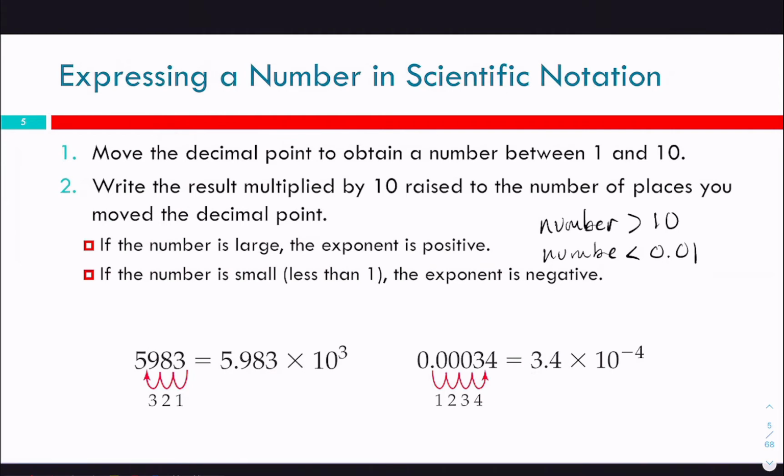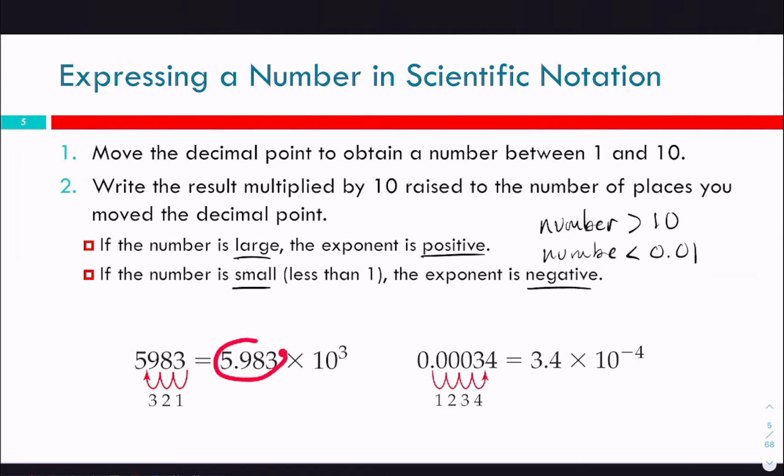So just remember, if a number is large, the exponent is going to be positive. If the number is small, the exponent is going to be negative. So for this 5,983, the decimal place is here, and we move that over 1, 2, 3 places, because that'll give us a number between 1 and 10.